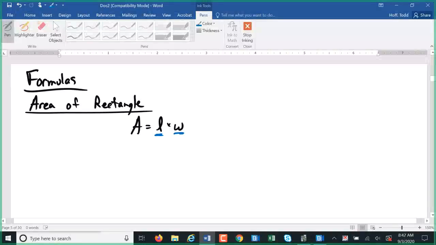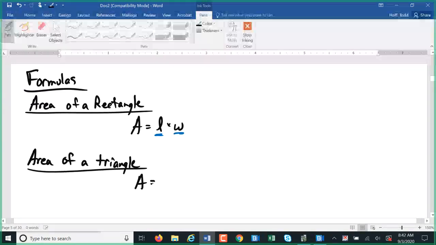Maybe having to divide complex figures up into rectangles. We also found the area of a triangle. The area of a triangle was based off of what we called that related rectangle. Length times width divided by 2, or 1/2 times the length times width.